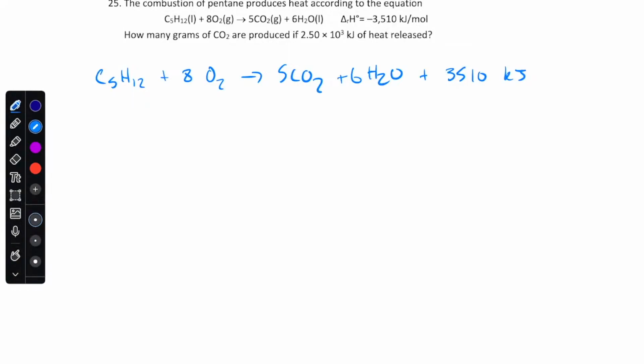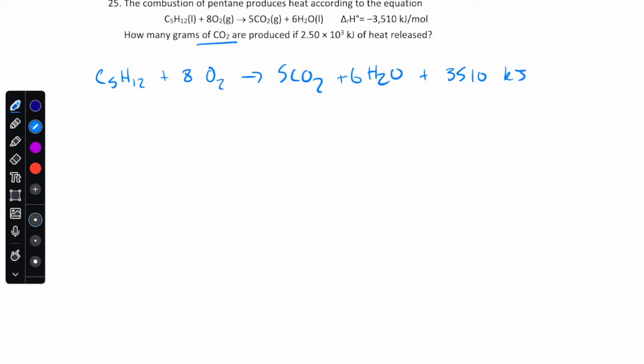All right, so it wants to know how many grams of CO2. Nice thing about these balanced equations is everything's proportional. So what I do to answer a question like this is I would say how many grams of CO2 are produced. Stoichiometry doesn't really give us grams, it gives us moles. So let's first find out how many moles of CO2, and then as a next step, convert the moles back into grams.